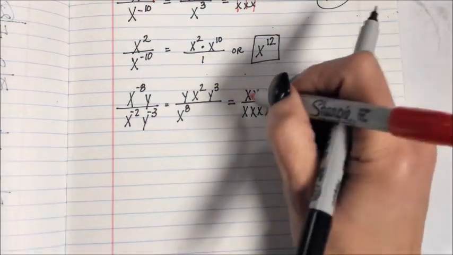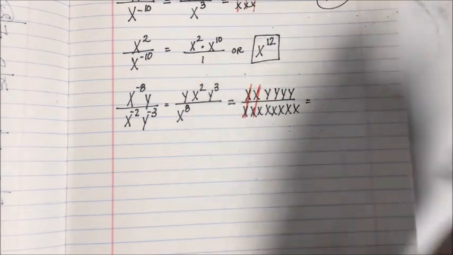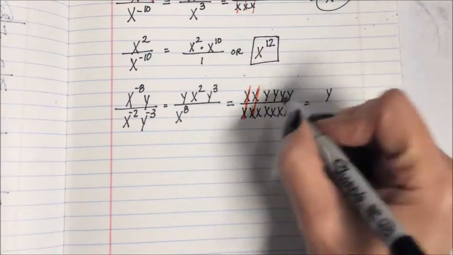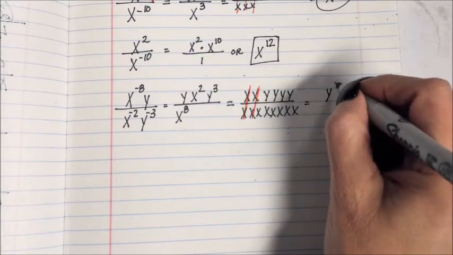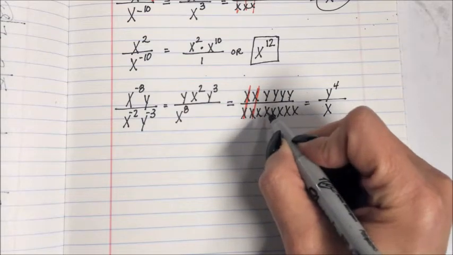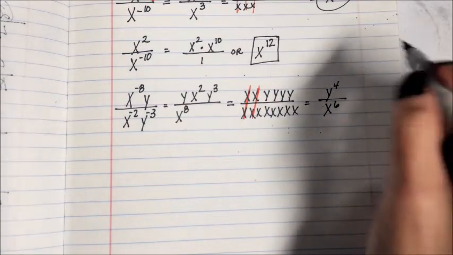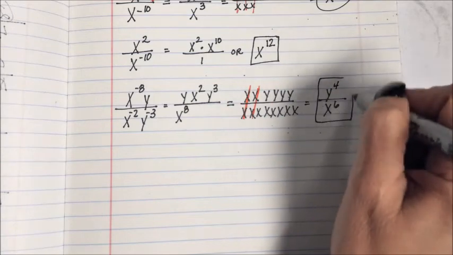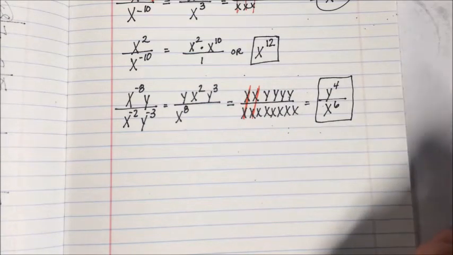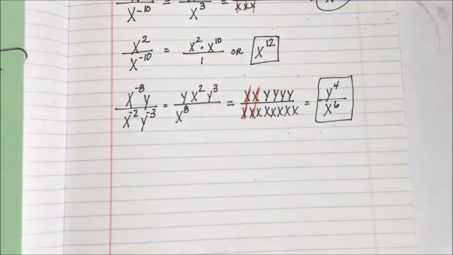Anywhere they double up, I need to mark them off. Mark them off, mark them off. That's all I can mark off. So 1, 2, 3, 4 y's up top. 1, 2, 3, 4, 5, 6 x's on the bottom. And there's my answer. So negative exponents are simply in the wrong spot.